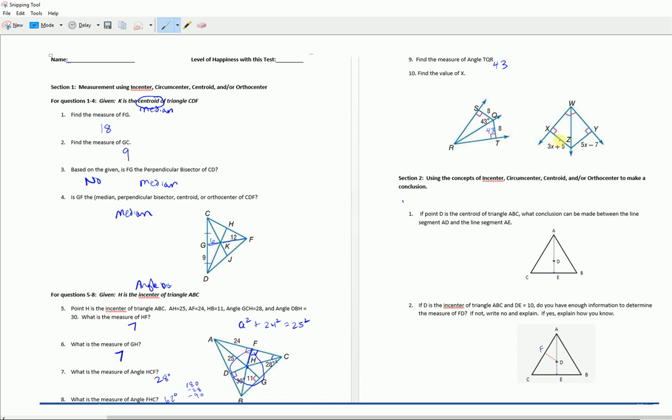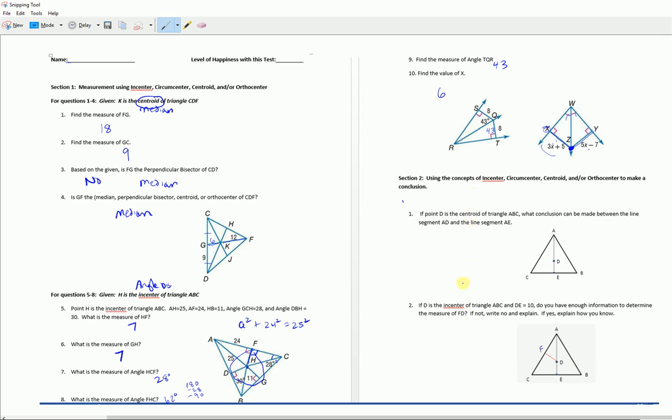To find x, we want the variable here, and these two things are going to be equal to each other, because the shortest path from this point to this side and this side is a perpendicular line, as indicated. Since this angle is the same as this angle, these two values are the same. You evaluate it and get x equal to 6. So 3x plus 5 equals 5x minus 7.